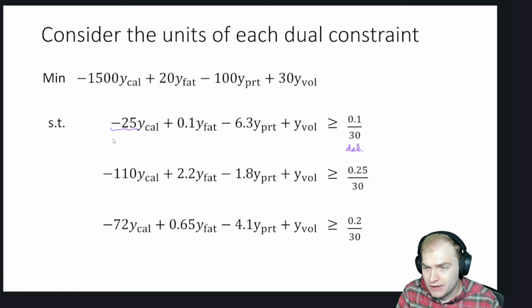This negative 25 is kilocalories per cubic centimeter.